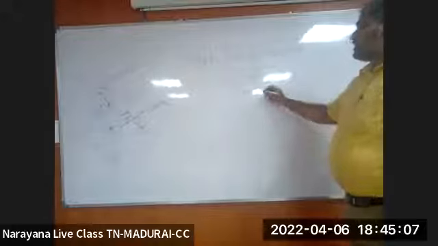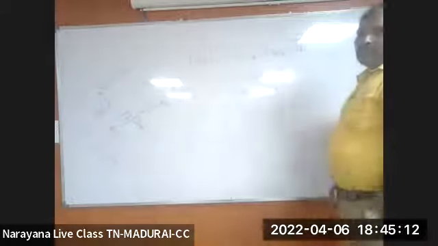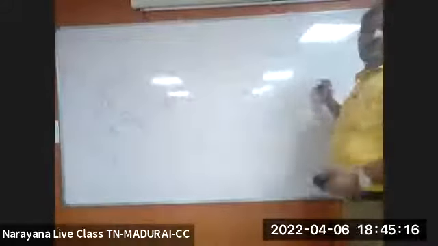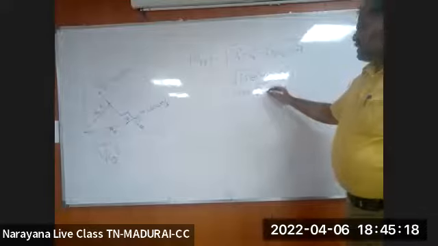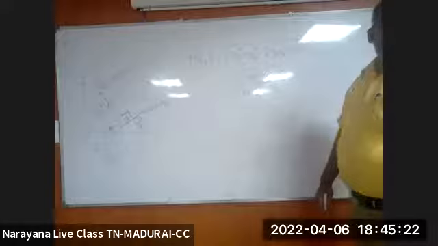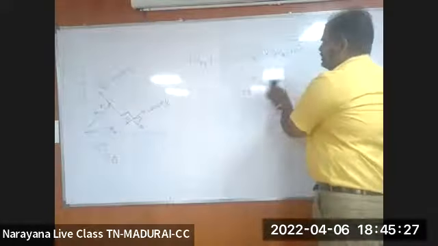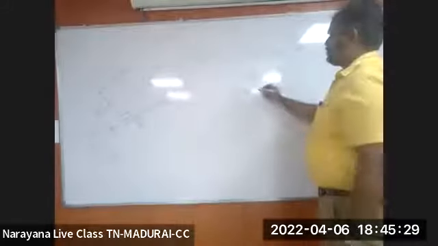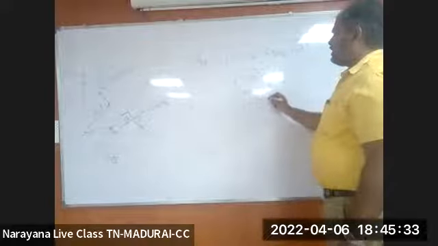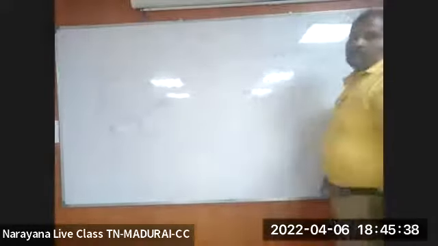Under root of 5 square plus 10 square, that is 25 plus 100, which is 125. Root 125 is nothing but 5 root 5. So 500 root 5 meters per second is your answer.